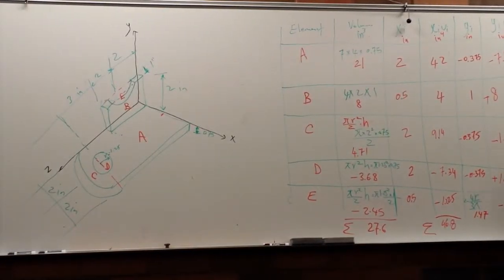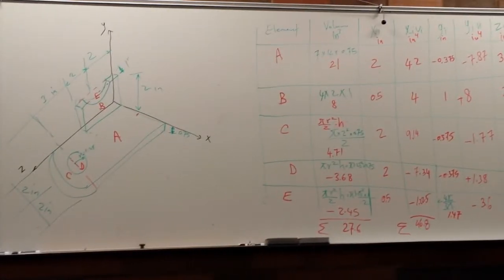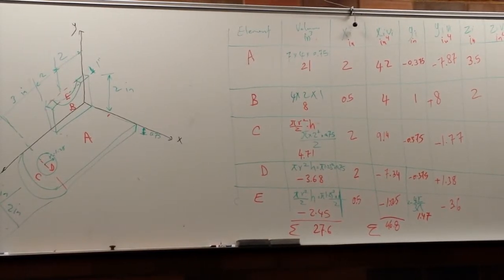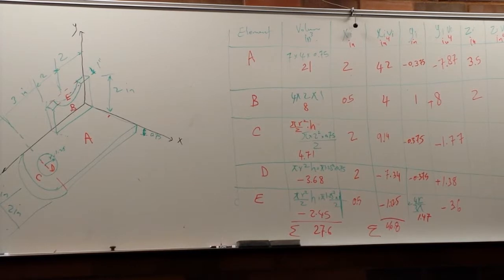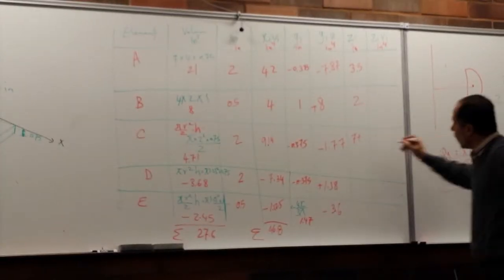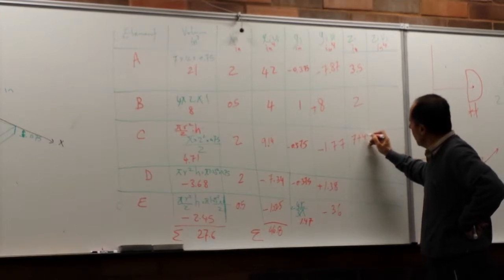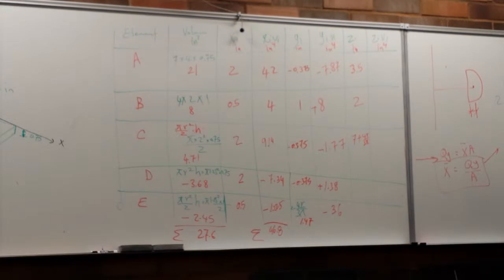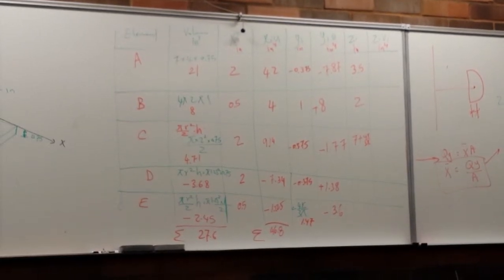Element B is giving 2. Element C is going to be 3, 2, and 2, plus 4R over 3 pi. Agree on this?